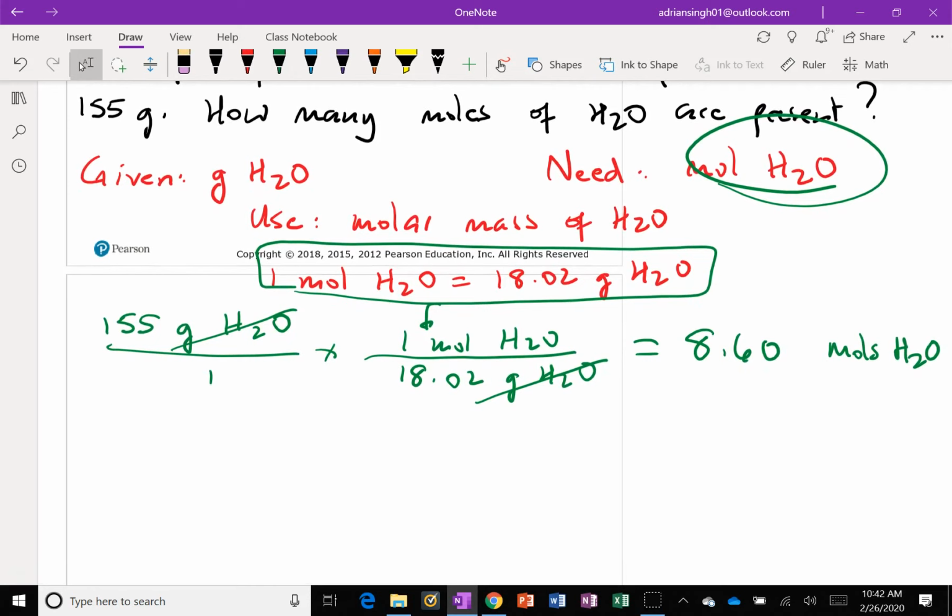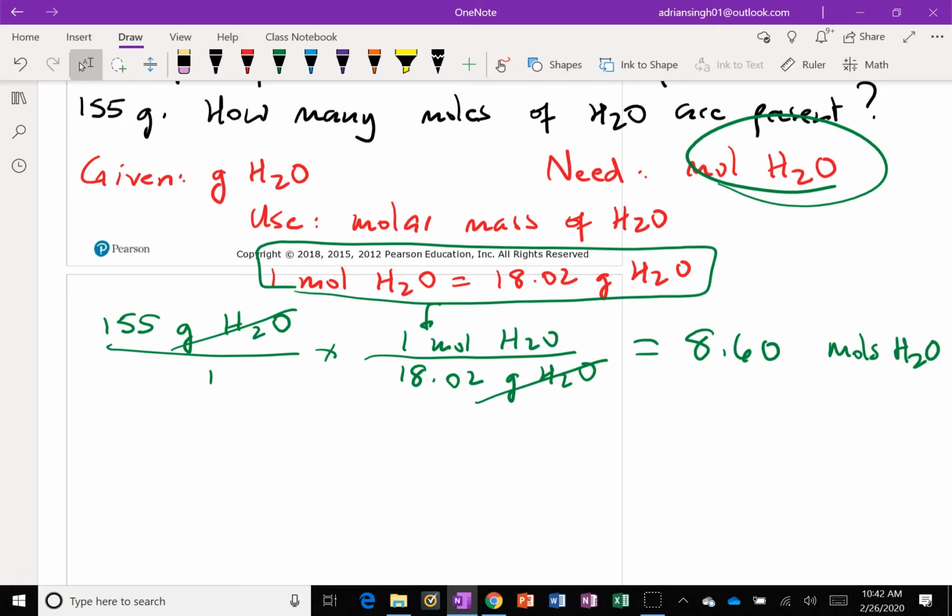All right, so we saw with the individual elements, we can use the molar mass for the elements to convert between grams of the element and moles of the element. Now we're using that same idea, the molar mass, to go from grams of a compound to moles of a compound. Question?